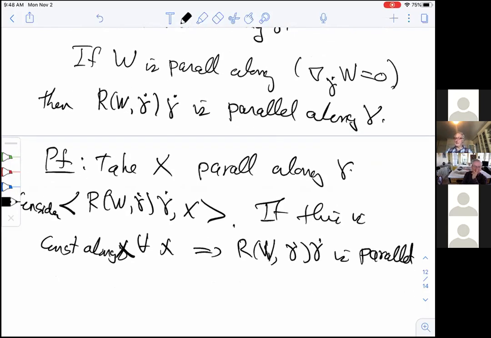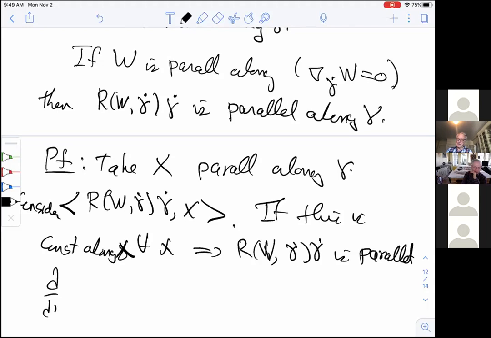You would just take the d by dt of this expression. It's a sum of the covariant derivative of this one applied to X plus this one applied to the covariant derivative of X. Covariant derivative, well, I'll do it.